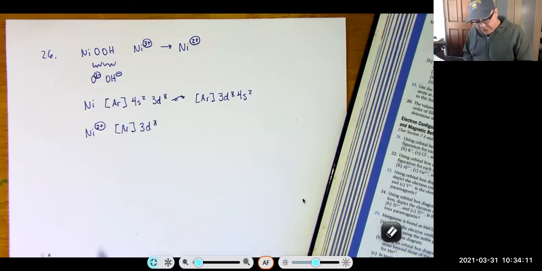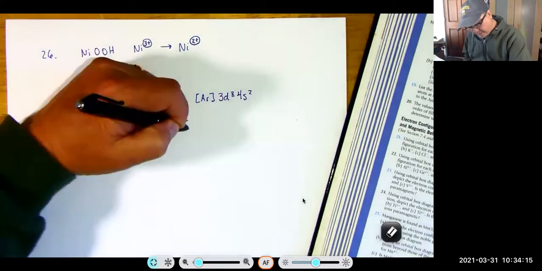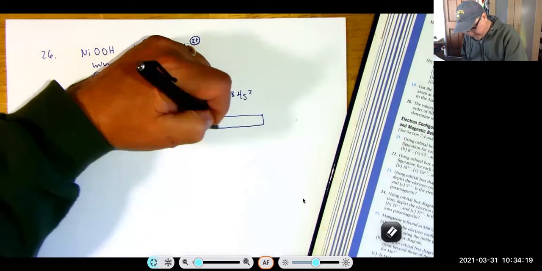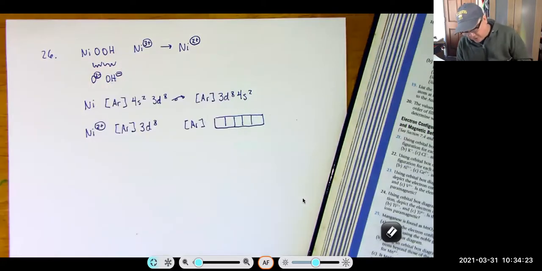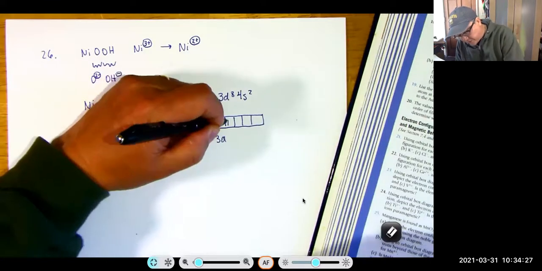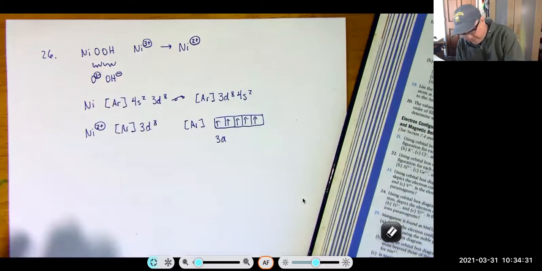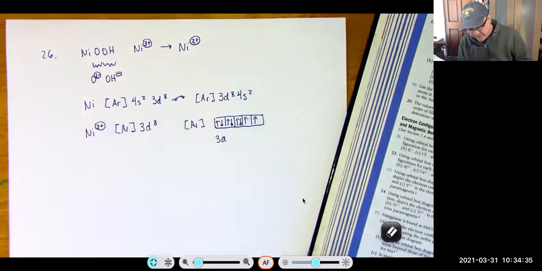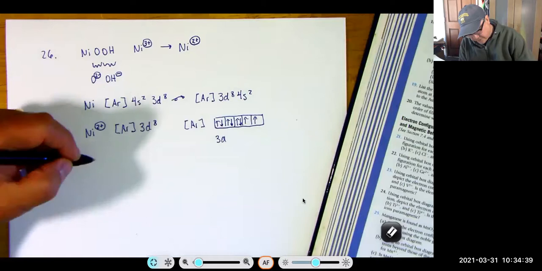Now they do want us to do the orbital box diagram. So this would be argon, 3d. And we're going to put 8 electrons in here. So we put the first one into each box individually. And then the last 3, we're going to pair them. And that would be nickel +2. Mhm.